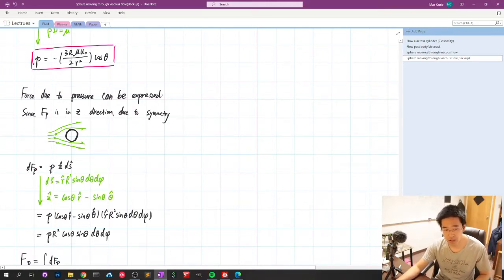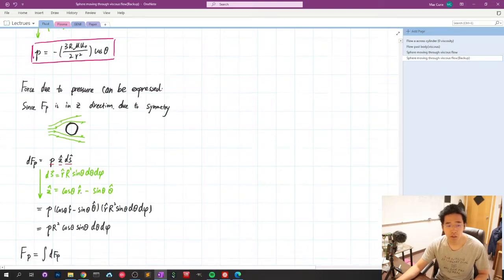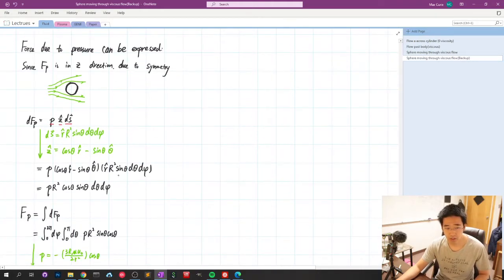It's basically the pressure at z multiplied by the area in the z direction. We know that z can be expressed in terms of r hat and theta hat. We have this, and ds we have this expression. Then just put everything in, and we have this nice little expression.